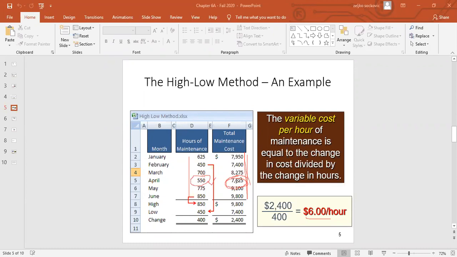It will definitely be closer to 7,625 than to 90-100 or 80-75, because these $6 will be related to these 550, and 4,700 in fixed cost is the same in all of these.